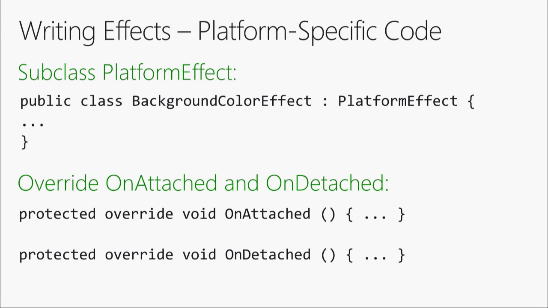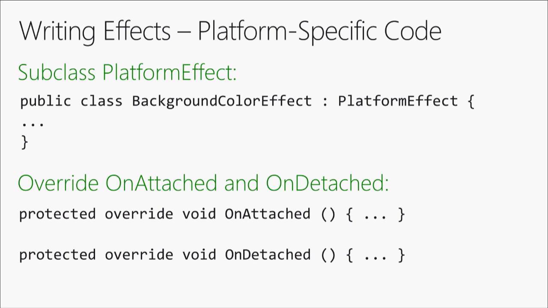So in our platform-specific code, we're going to subclass PlatformEffect, and we'll write our effect in there. And when we do that, we're going to override the OnAttached and OnDetached methods. In OnAttached, this is what happens when the effect is added to the control.